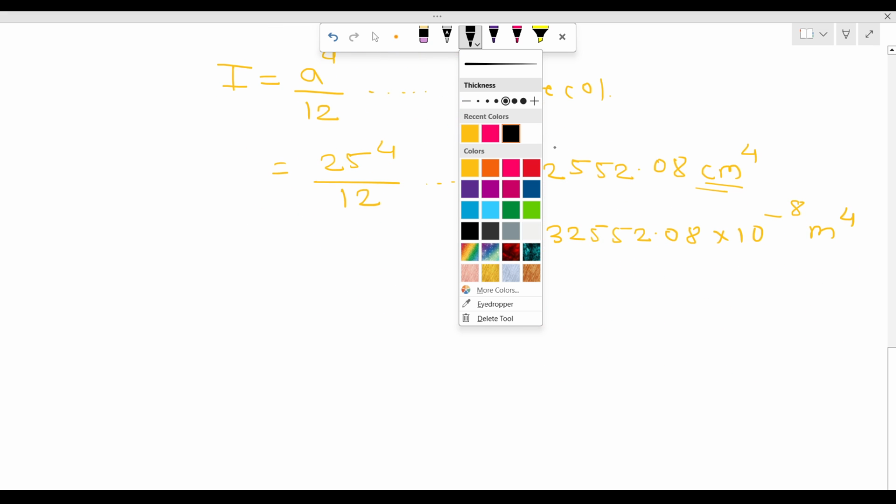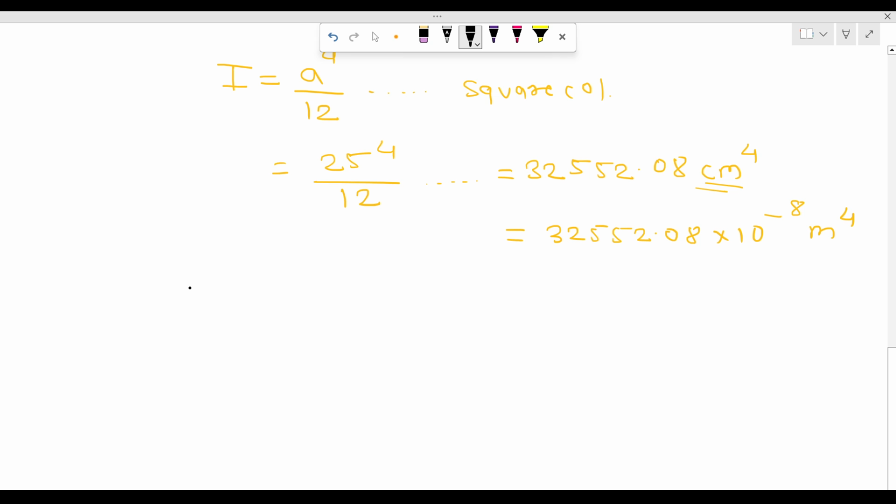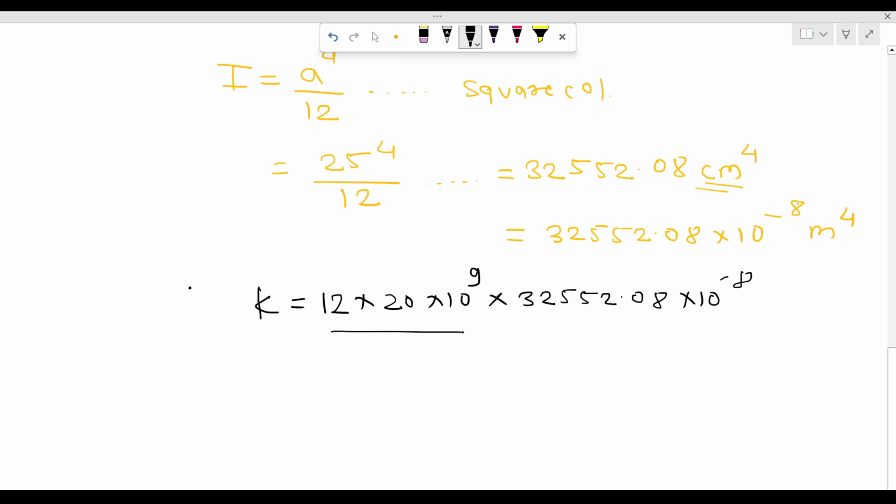let's find out K. So K is equal to 12 into modulus of elasticity is given 20 into 10 raised to 9 GPa to Newton per meter square into I is just we have calculated 3255.08 into 10 raised to minus 8, 12 EI upon L cube.